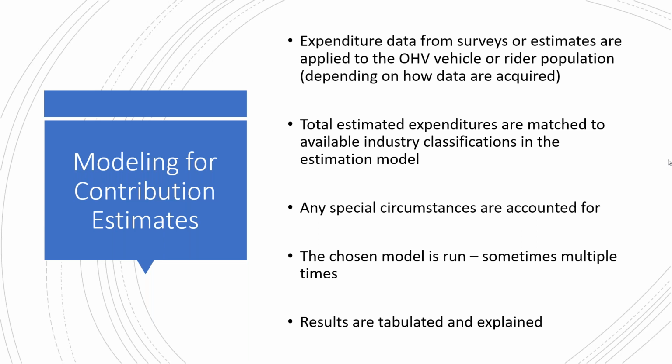One of the advantages of IMPLAN, if you're doing this for something besides off-highway vehicles, or if you're doing this for a new impact study, is if I had something that was completely out of line with any of my industries, I could create an industry. That's usually something you do for impact studies where you're bringing something new in rather than for contribution studies, but it is possible.